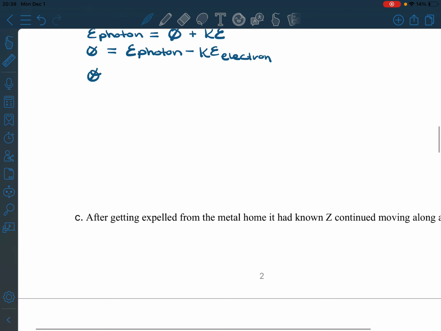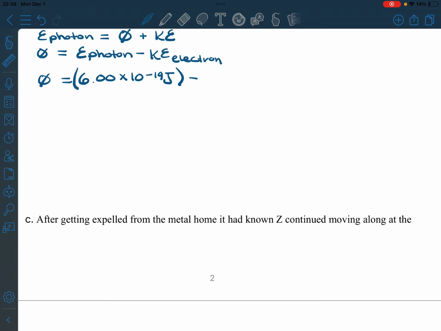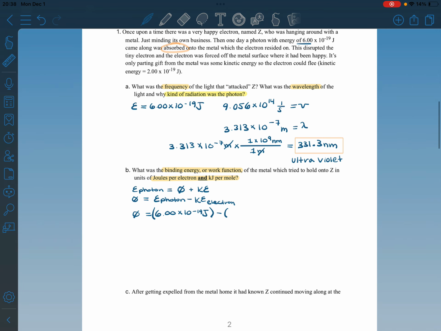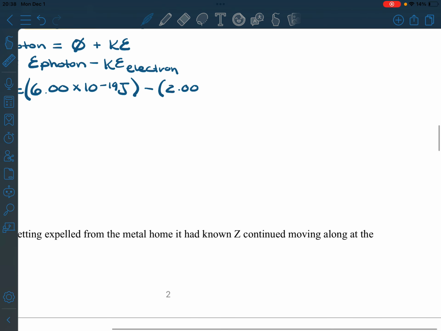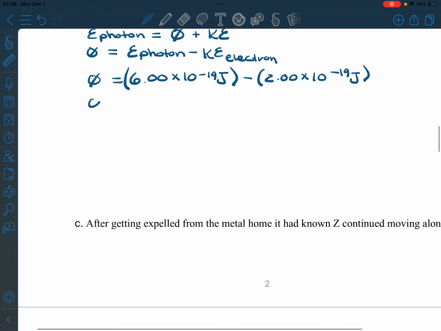So this potential energy is equal to E photon, which was given in the beginning, times 10 to the negative 19 joules, minus KE electron, which was also given at the top, 2.0 times 10 to the negative 19 joules. And if we plug that into our calculator, this comes out to be 4.0.